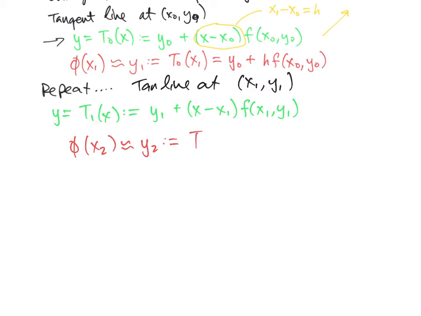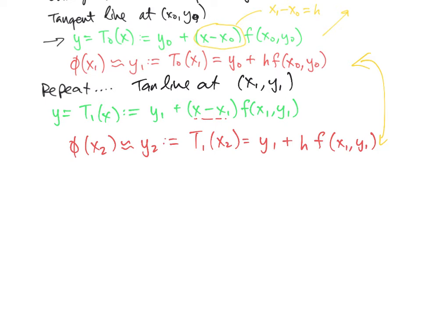So it's t1 of x2, which equals y1 plus, now x2 minus x1, these are still h distance apart, and then we have f of x1, y1. And you can see that this is essentially the same thing, right? So if you have the point before, you can calculate the next point.